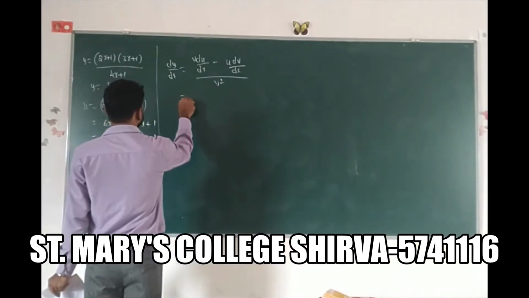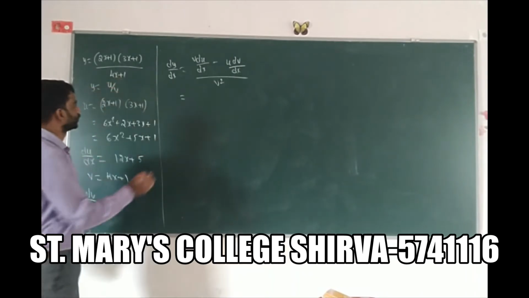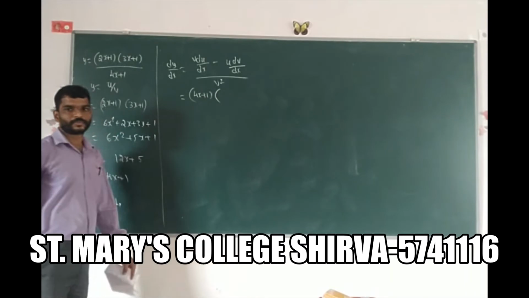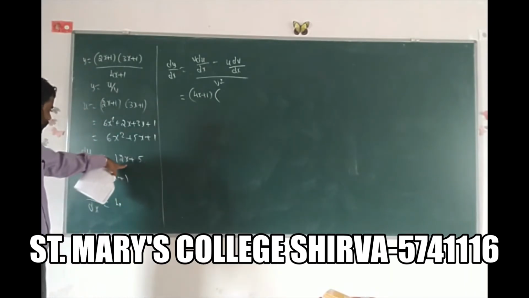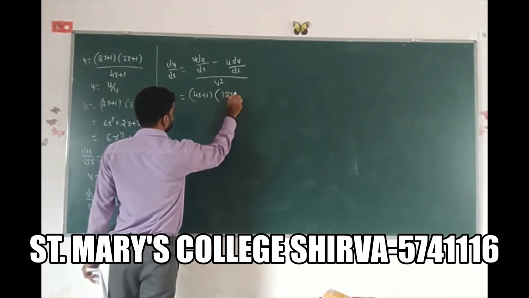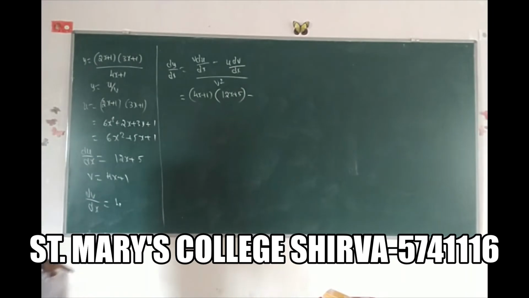Okay, now apply the values. What is the v value? v is 4x plus 1. Then the differentiation of u, du by dx, is 12x plus 5, minus u into, what is the value of u? We can write this or this.